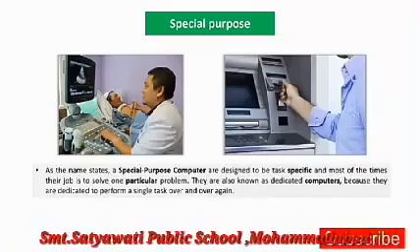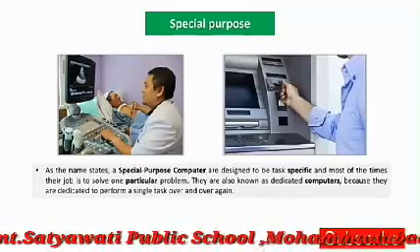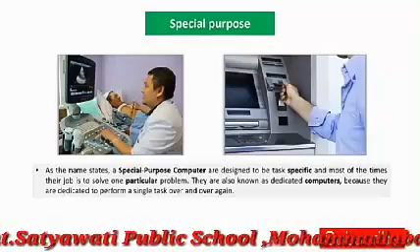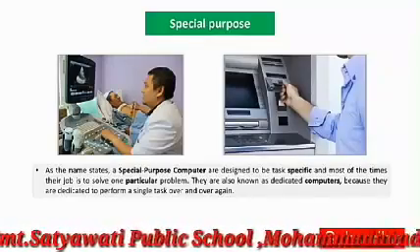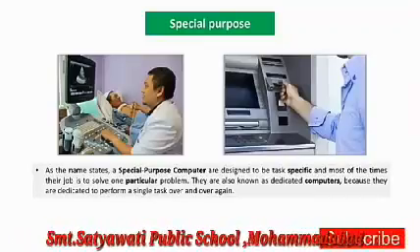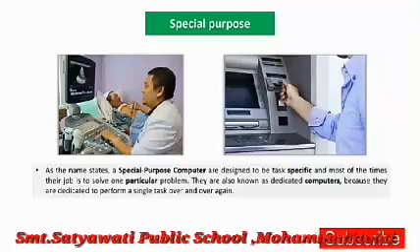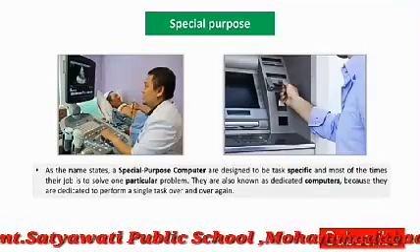Another example is an ATM machine. You can find a computer over there also, but it is only meant for the ATM transactions. You can check your balance, you can withdraw money. That particular computer is only dedicated to that particular task.